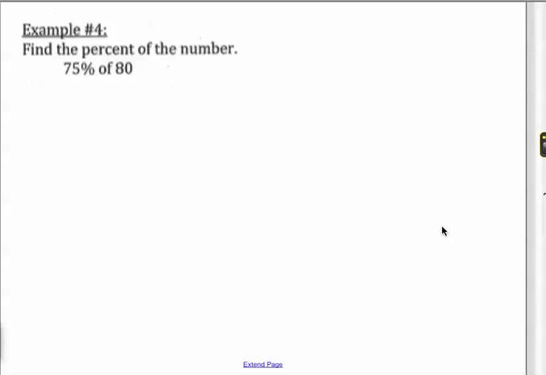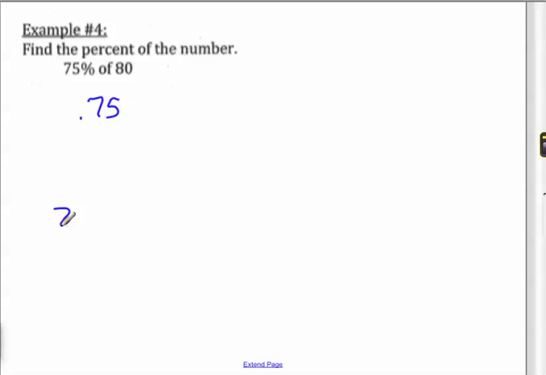Okay, example number 4, it says find the percent of the number. Guys, now this is going to go back to what Miles said just a moment ago about using decimals. You'll remember if I want to find 75% of 80, I need to change 75% to 0.75 because I can't use a percent inside an equation.